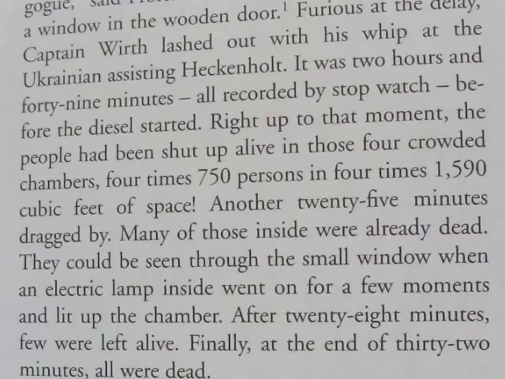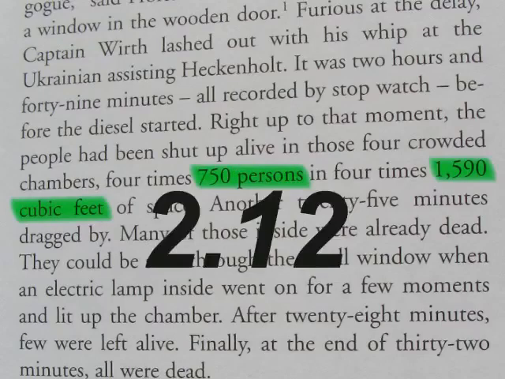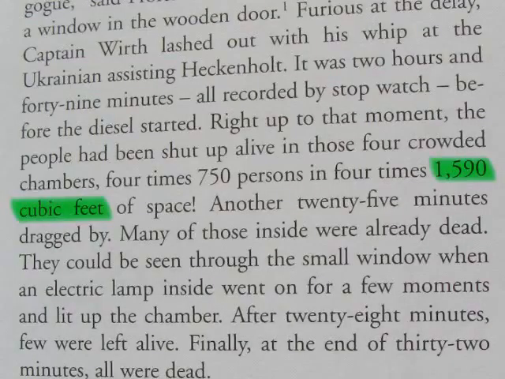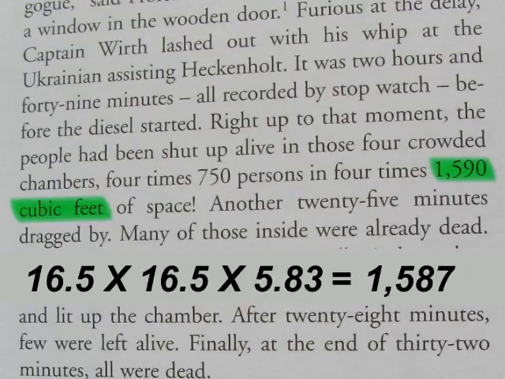Let's do the math. 1,590 cubic feet divided by 750 people is 2.12 cubic feet per person. That is the space of these 2 boxes on the left. And how big of a room is this? 1,590 cubic feet is the size of a large living room, 16.5 feet long and 16.5 feet wide, which is 5 meters by 5 meters, with a ceiling that many could touch with the tops of their heads, 5 feet 10 inches high.